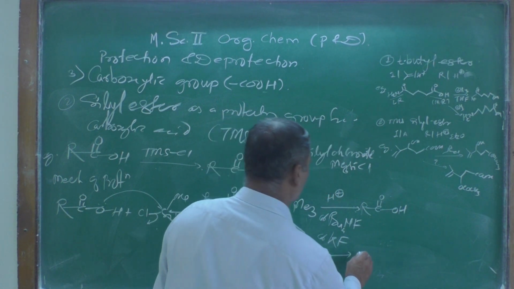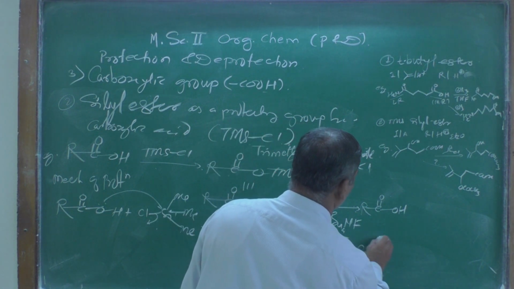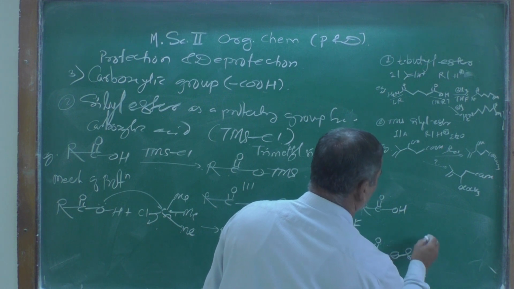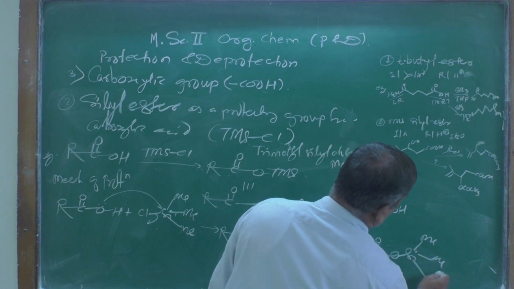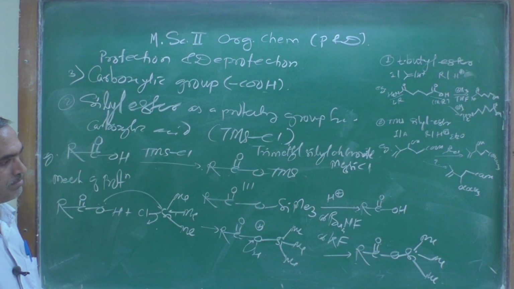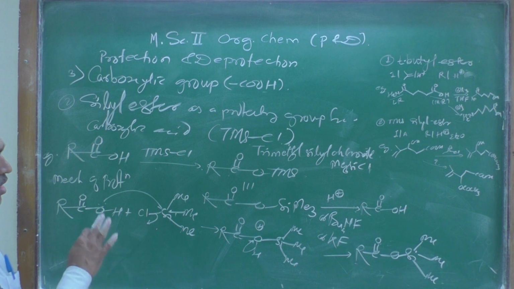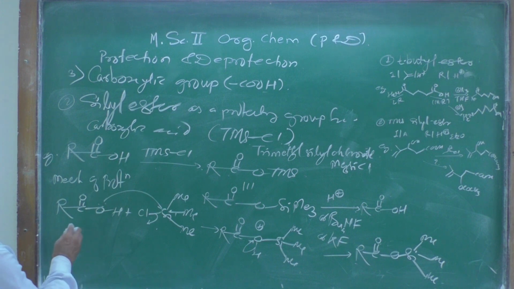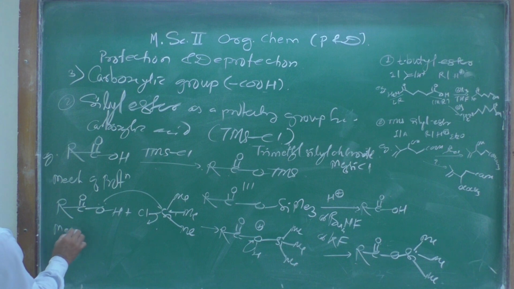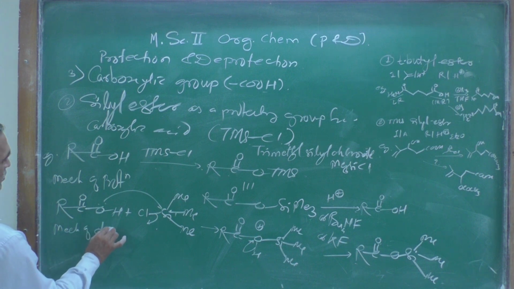You are going to get R, C double bond O, Si, then Me and Me, right? So this is the structure, the protecting group of that carboxylic group. This is the mechanism of protection. Now let us look at the mechanism of deprotection.